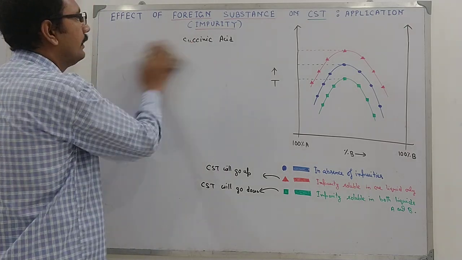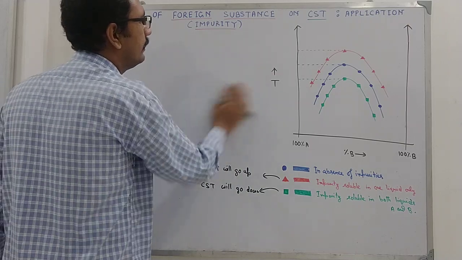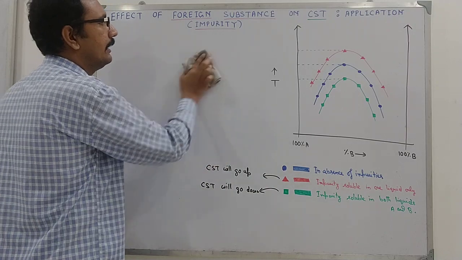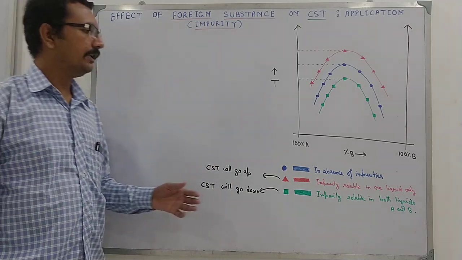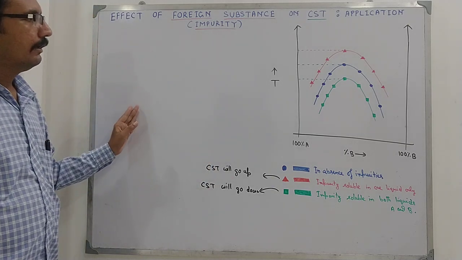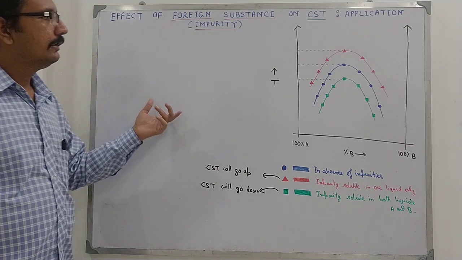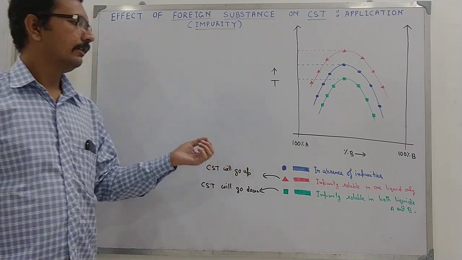Now application of this process is, since petrol is costly, you know that petrol is a very important fuel for running the majority of vehicles and it is very much costly. There is a general tendency of adulteration.